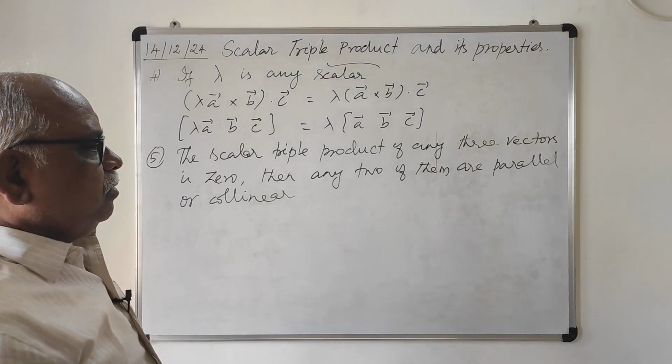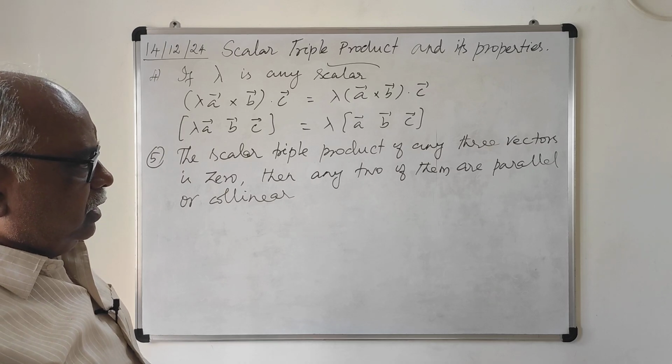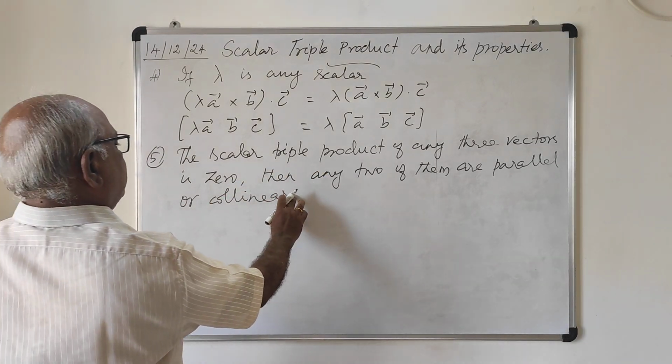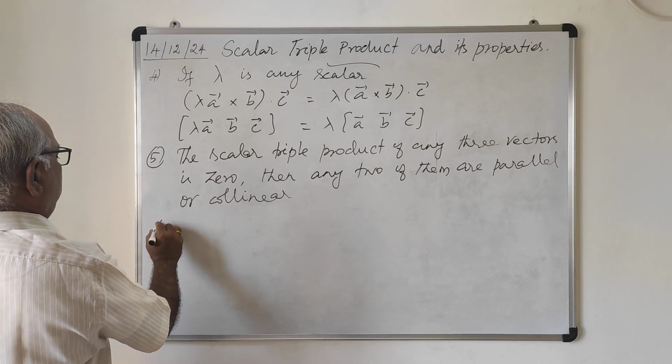If the box product of any three vectors is 0, then out of them any two are parallel or collinear. This is property 5.